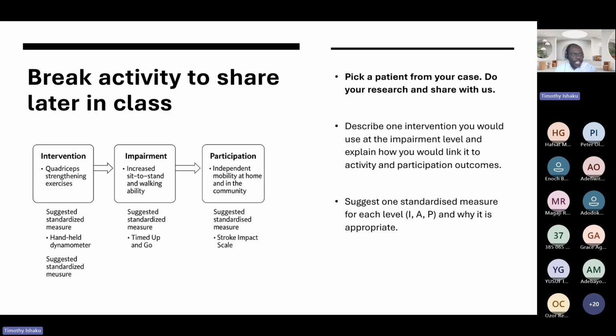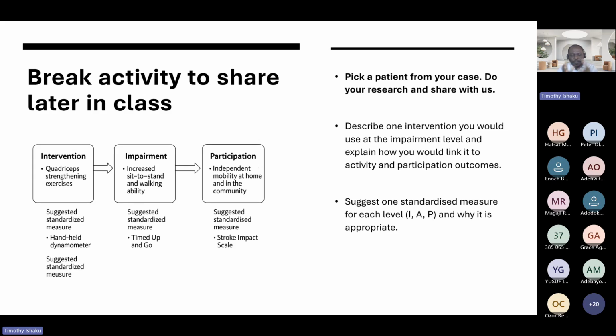I know it's your lunchtime, so now is 10 minutes to 1. I'm going to give us 30 minutes extra to do this activity. So instead of coming back by 1 o'clock, we come back by 1:30.